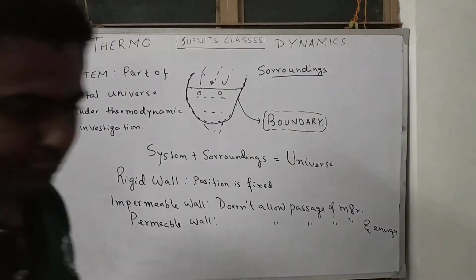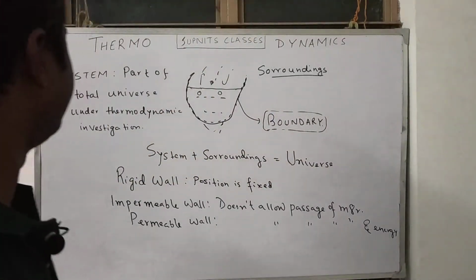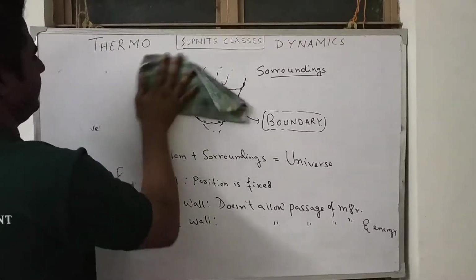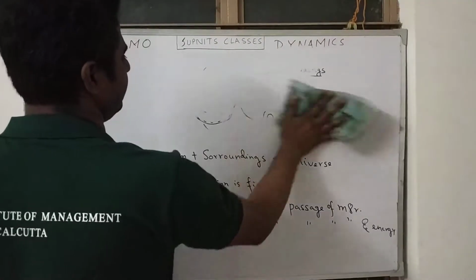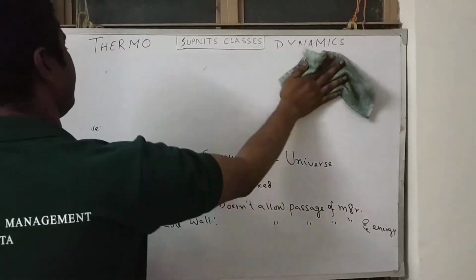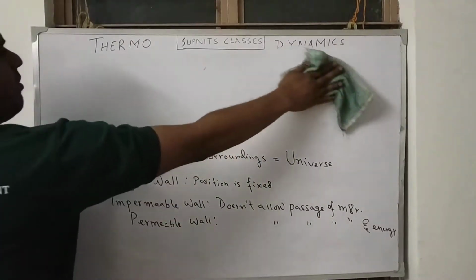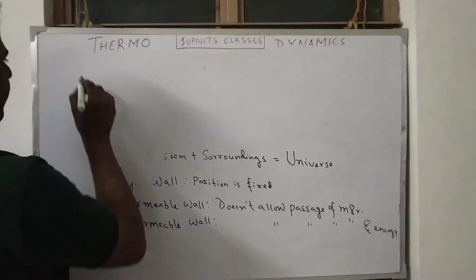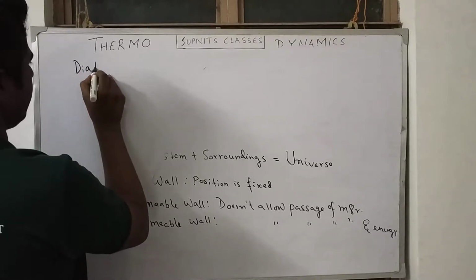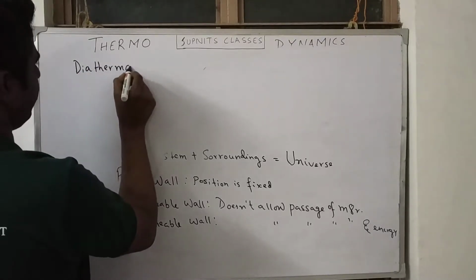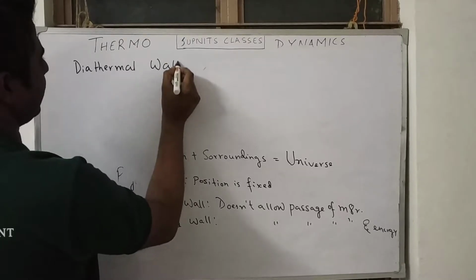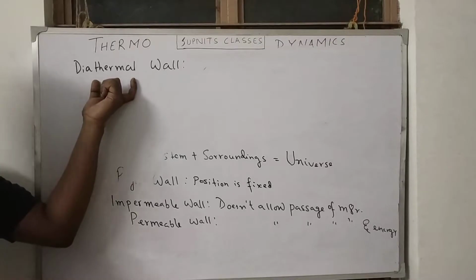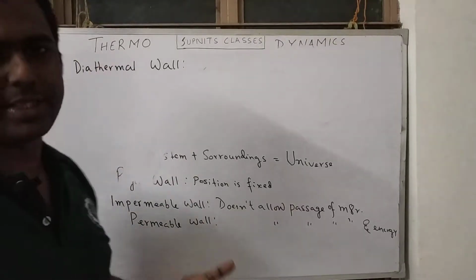The next type of wall we will be talking about is the diathermal wall or diathermic wall. Listen, if the word thermal is there, as we have already spoken about, thermo means energy.